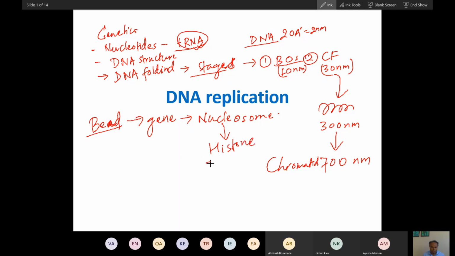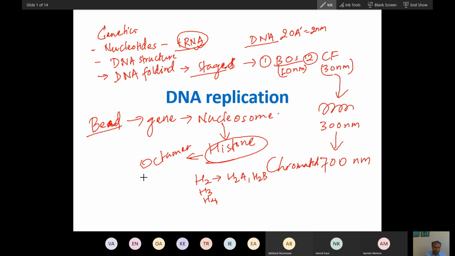So how many histones are there? Histone in the form of which one? 8 histones. Octamer. Histones are not 8. We have 4 histones: H2, H3 and H4, and H2 is actually H2A and H2B.